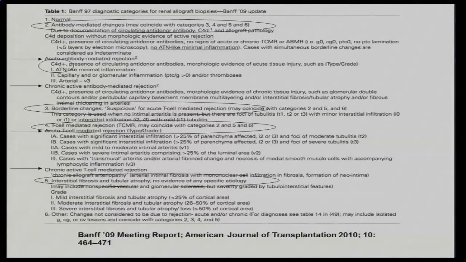And the hallmark of cell-mediated or T-cell mediated rejection is tubulitis, as opposed to peritubular capillaritis, which is one of the hallmarks of antibody-mediated rejection. And then there's chronic T-cell mediated rejection as defined by the pathology, and then there's chronic changes.